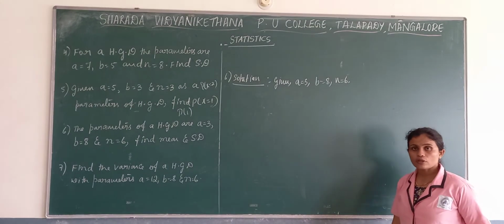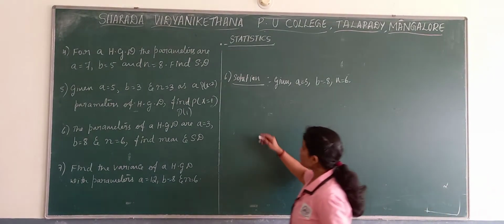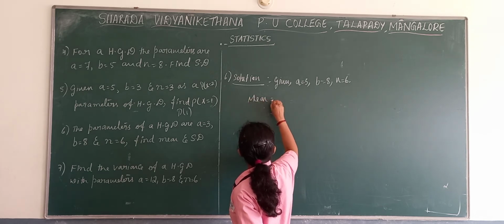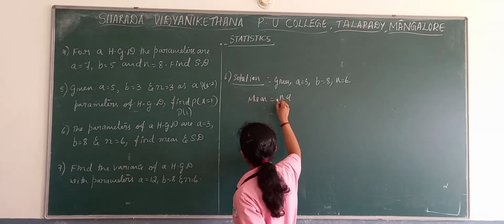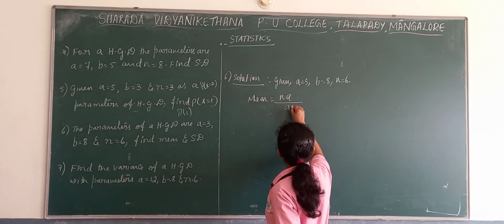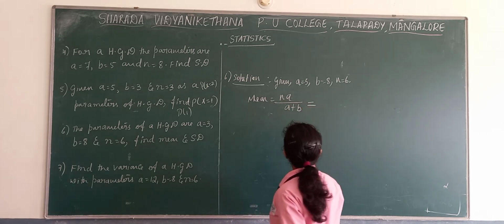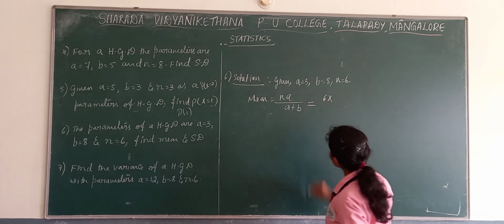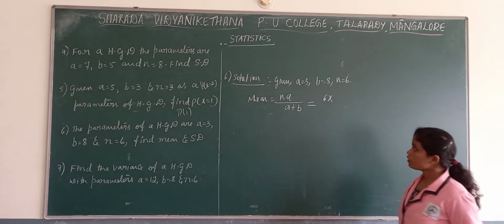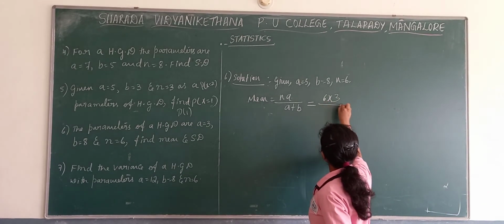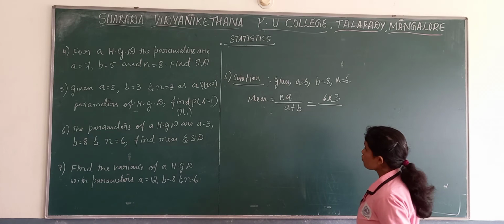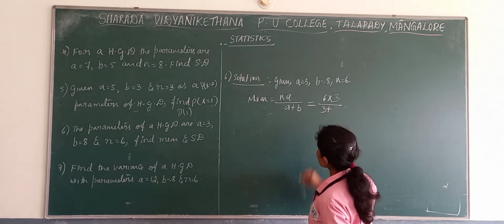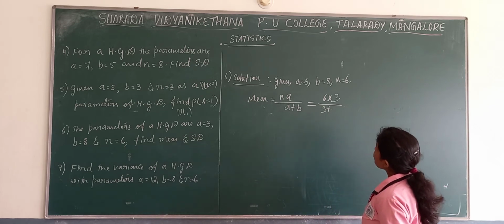What is the formula to find out mean? Mean is equal to nA divided by A plus B. What is the value of n here? Value of n is 6 into, what is the value of A? Value of A is 3 divided by A plus B, A value is 3 plus, what is the value of B?